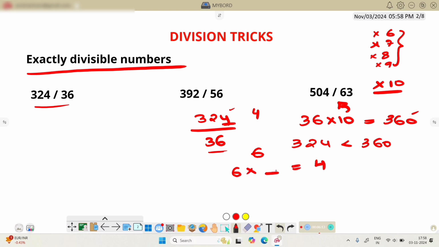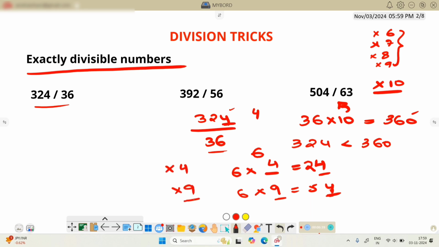You just note it down: 6 fours are 24, so you get unit digit 4, and 6 nines are 54, so you get unit digit 4. That means for the multiples of 4 and 9 you will get unit digit 4. So your answer will be into 4 or into 9.